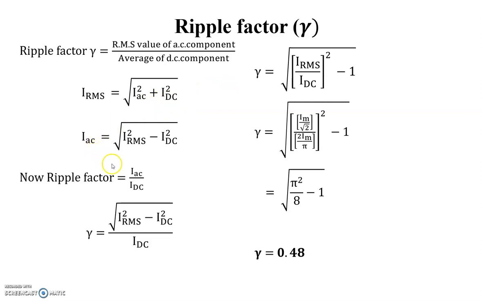So IAC is equal to the root of IRMS square minus IDC square. Now the ripple factor is IAC by IDC. You substitute this IAC, simplify, and substitute the values of IRMS and IDC in terms of Im, simplify again, and finally we get the ripple factor as 0.48. In terms of percentage, 48%, whereas in the half-wave rectifier it is 121%.